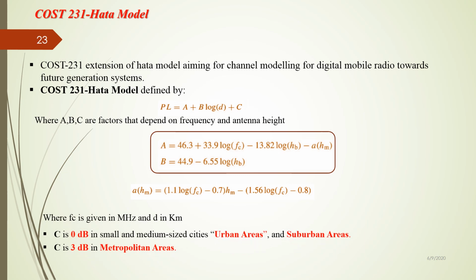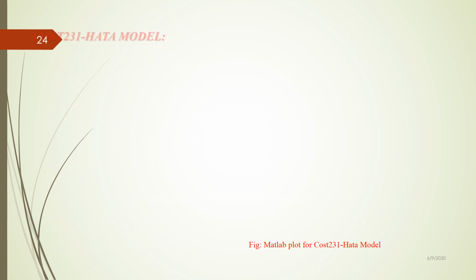The a and b values are given in the box, where fc is given in megahertz and d is in kilometers. C is 0 dB for small and medium sized cities, urban area and suburban area, whereas C is equal to 3 dB, then it comes under metropolitan area.